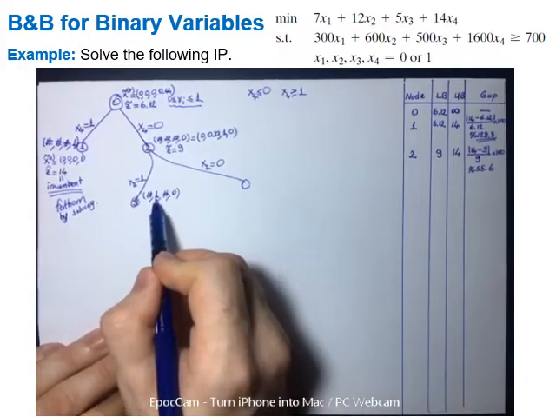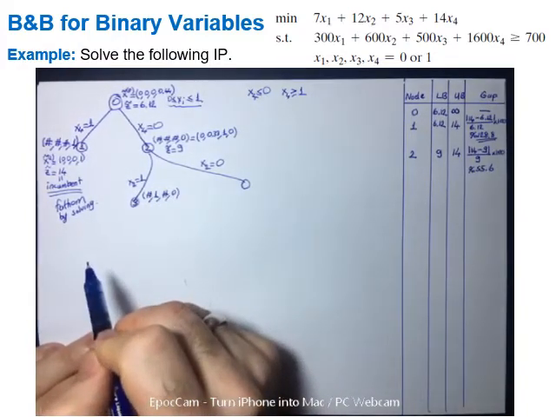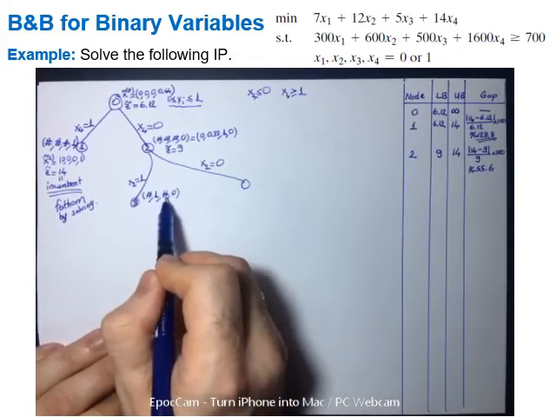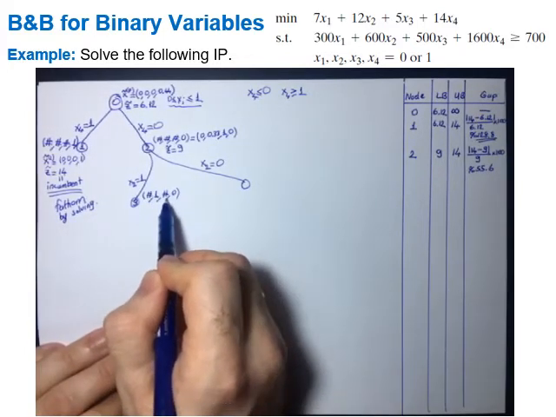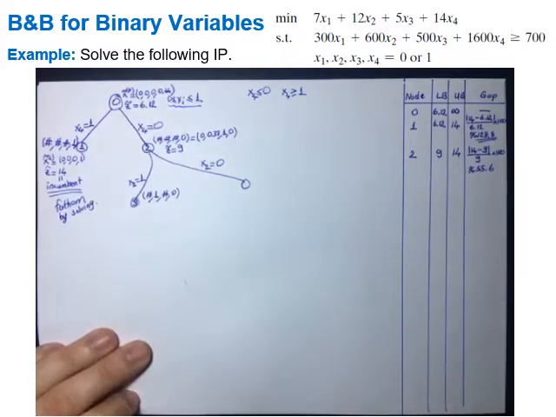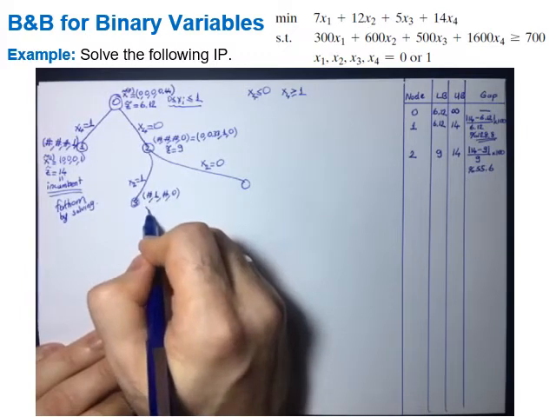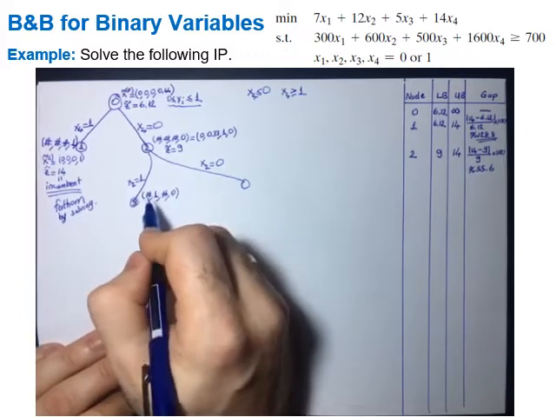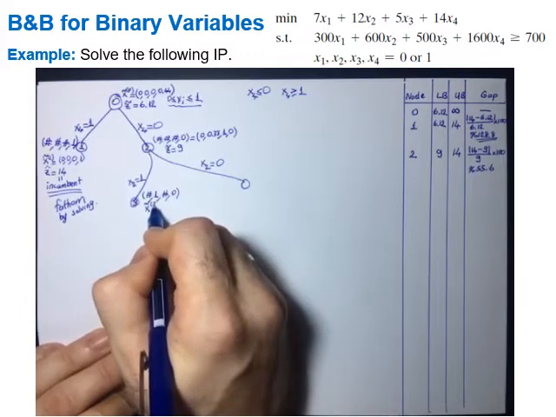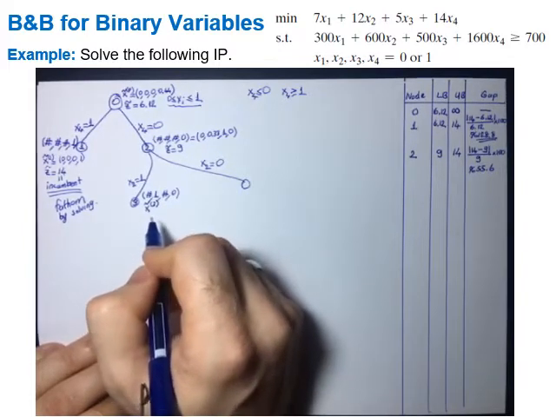Basically, I am putting 1 and 0 to x2 and x4 in the problem on the slide. And I'm solving for x1 and x3 between 0 and 1. And I solve this using the simplex algorithm. And when I solve it, I get this solution. Let me write, this is the solution in node number 3.